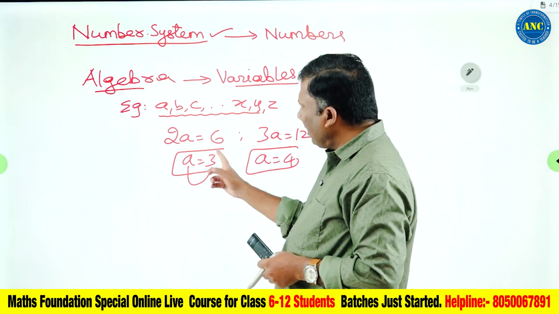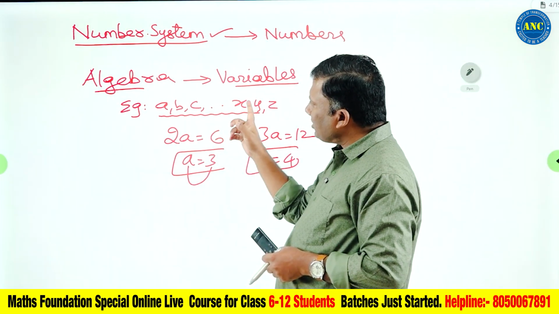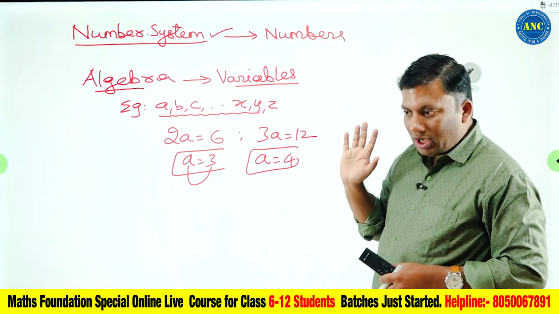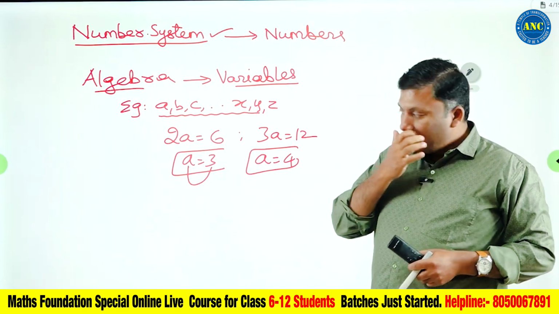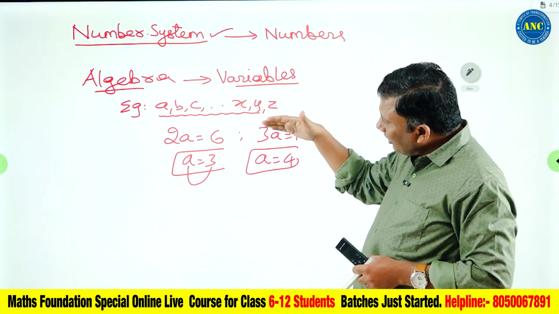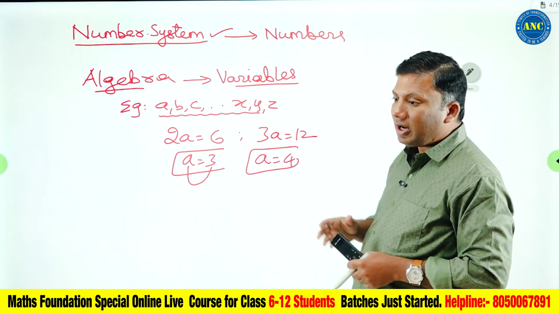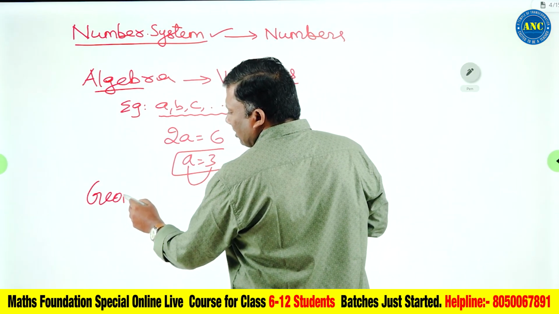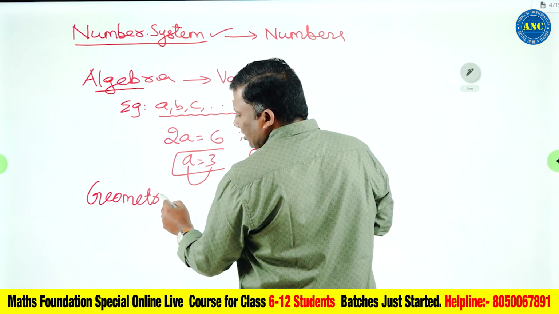Right. So, algebra is any representation using variables. Algebra is tough because the length and breadth of the topics in algebra are more. Next comes, what is mensuration? That also we will discuss. Geometry.